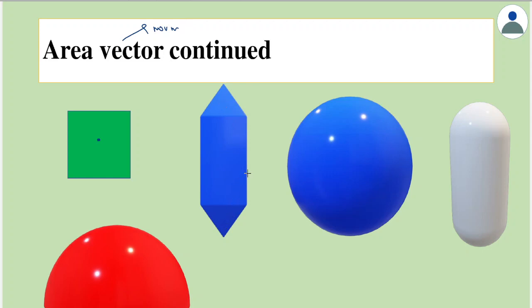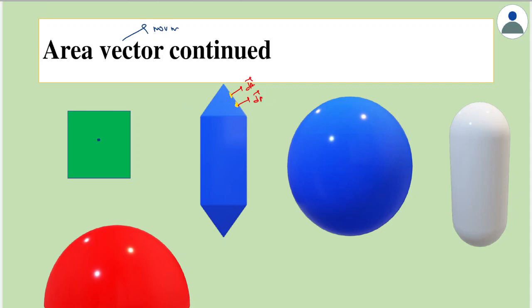Now if you look at the first part, if we look at a small region here, a small area, the vector would be outwards, normal to the small region. This is called dA. While if you take another small part here, even for this small area, it will have the same direction as this, it will be dA only.